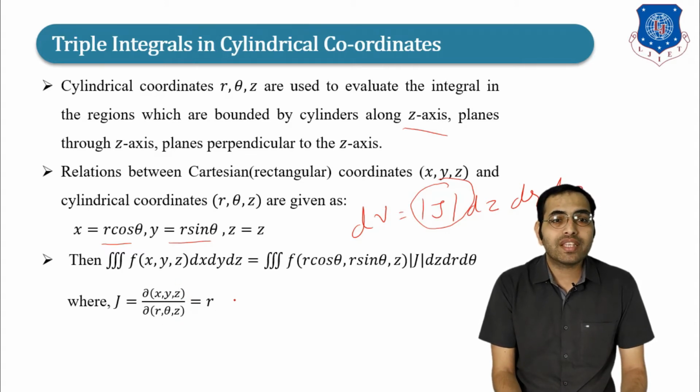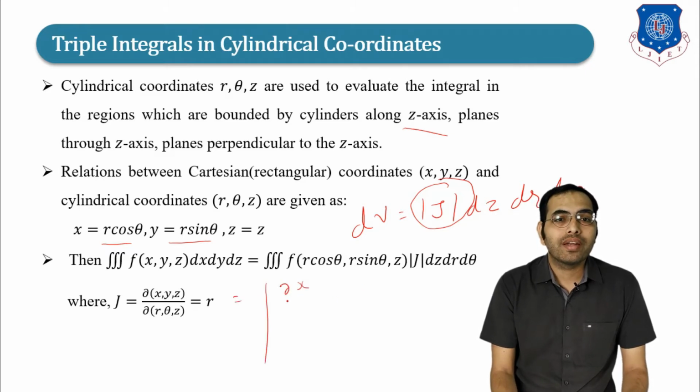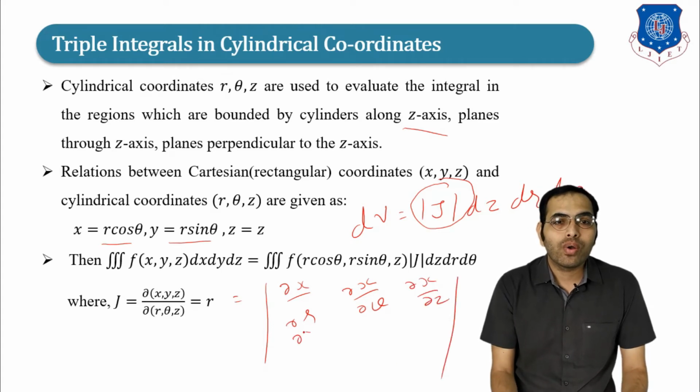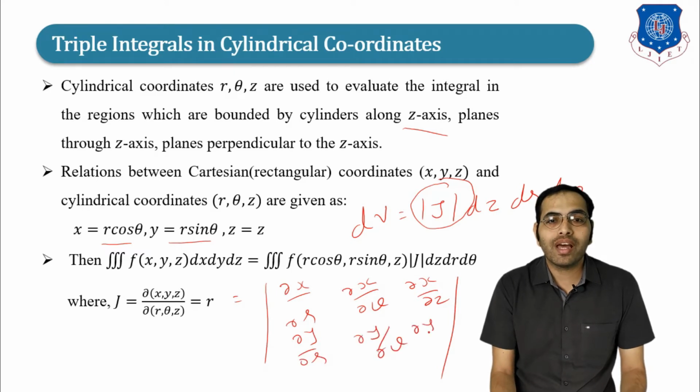To find the Jacobian, in the determinant, the first row is the derivative of x with respect to r, derivative of x with respect to theta, derivative of x with respect to z. In the second row, the derivative of y with respect to r, derivative of y with respect to theta, derivative of y with respect to z.